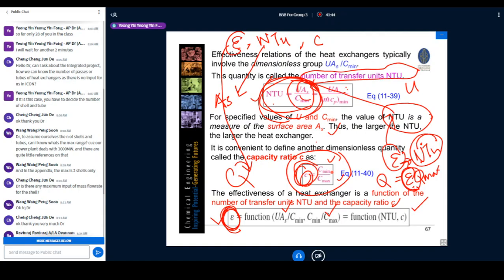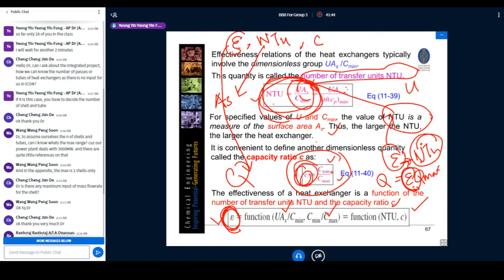Don't forget effectiveness is a function of NTU and also capacity ratio. By knowing the capacity ratio and the NTU, let's say the NTU is 2, the capacity ratio is 0.5, then you just read it from here. Then you get the effectiveness is 0.6 something.